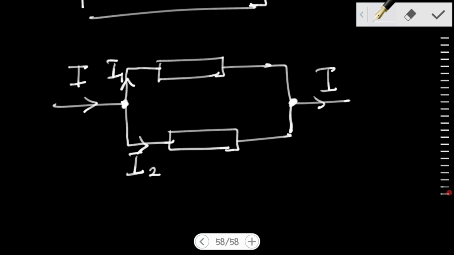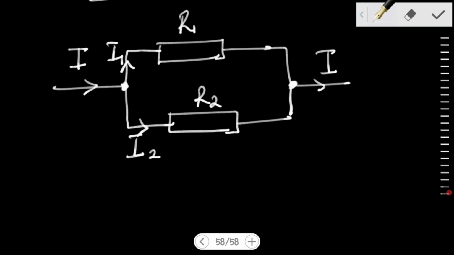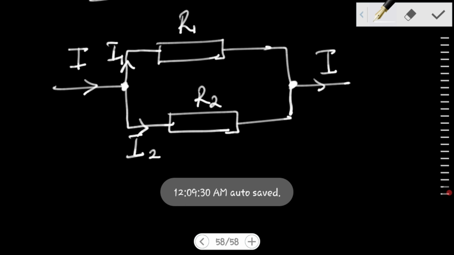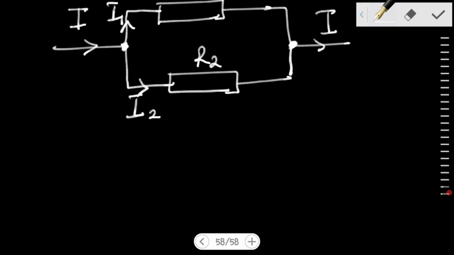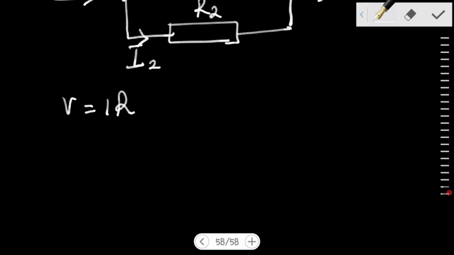If we take this as our resistor R1 and this as R2, the current through R2 and R1 are very different, but the PD of R1 and R2 are the same. And I know from Ohm's law that V is equal to IR.